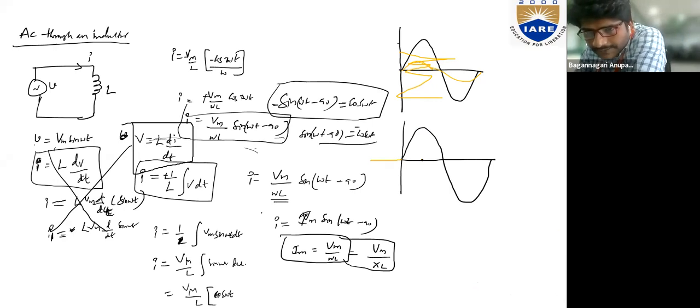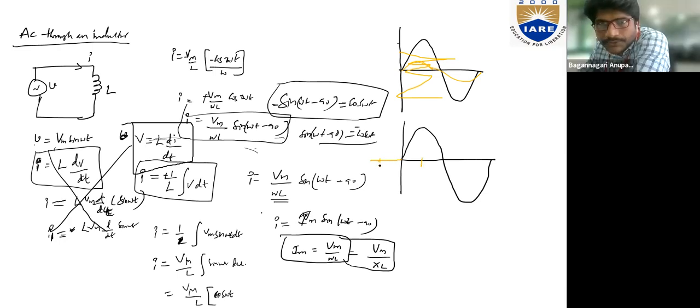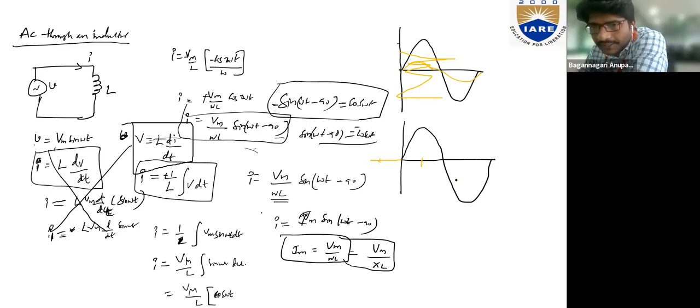This is 90 degrees. This is also one of the 90 degrees, right? So where do I start this current now? Here in position 1 or position 2? Position 1. Yeah, from here, right? So from here.